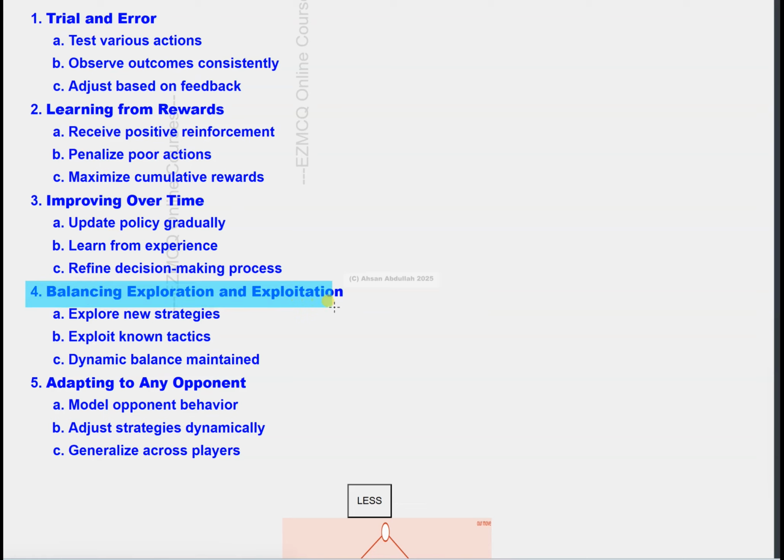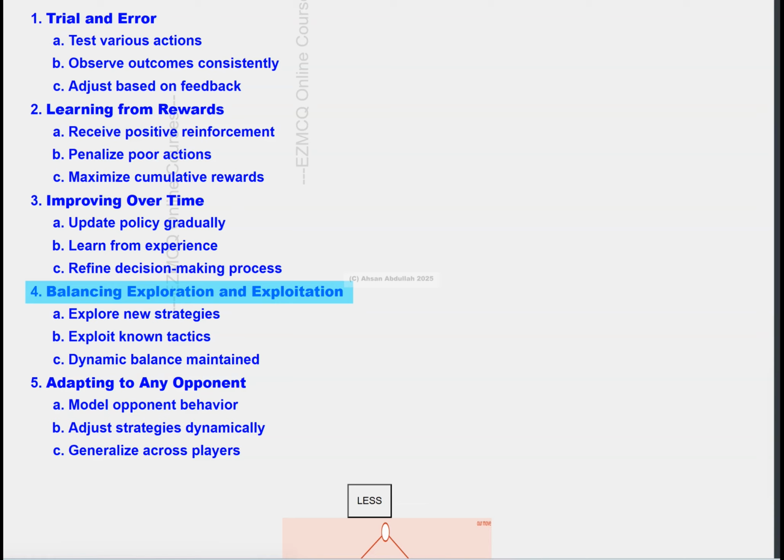Again, there always has to be balance. When we are talking about reinforcement learning, we have to take into consideration exploration and exploitation. There has to be a balance between the two. Why? So that the agent neither gets stuck at a local minimum using known strategies, nor wastes too much time and effort on making moves that were not made earlier, that is, unproven moves.